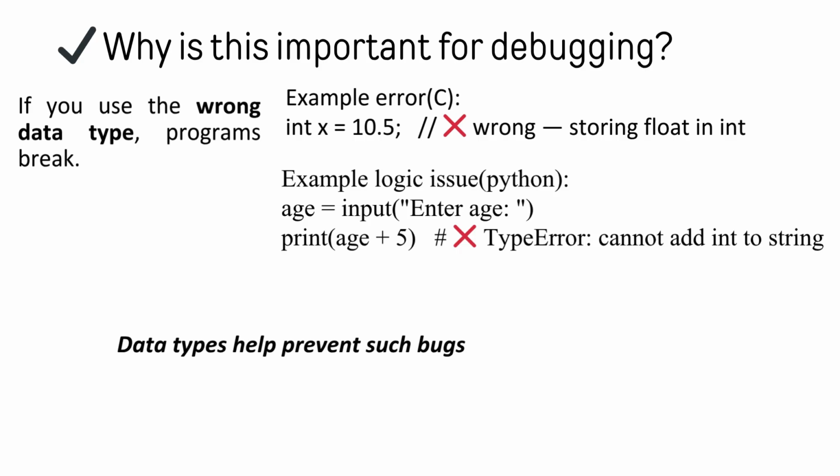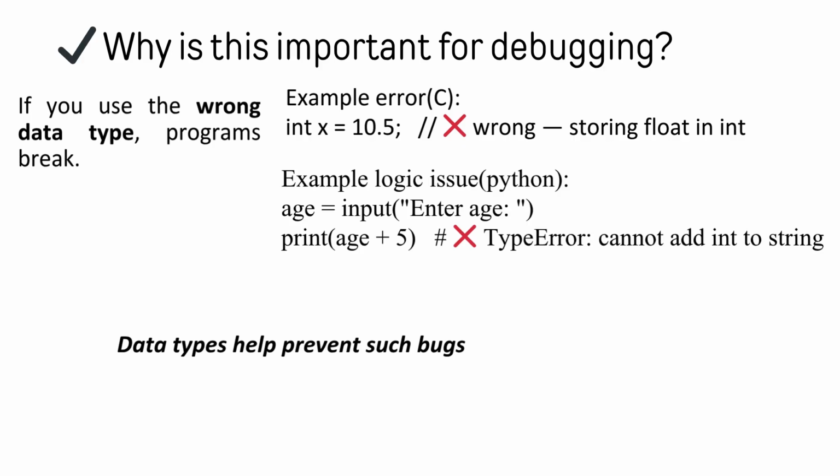Again, here we see that in Python age is equal to input, then in the parenthesis there is a string constant, enter age. Then in the next line we print age plus 5. It will also create an error because a string never adds with an integer number.